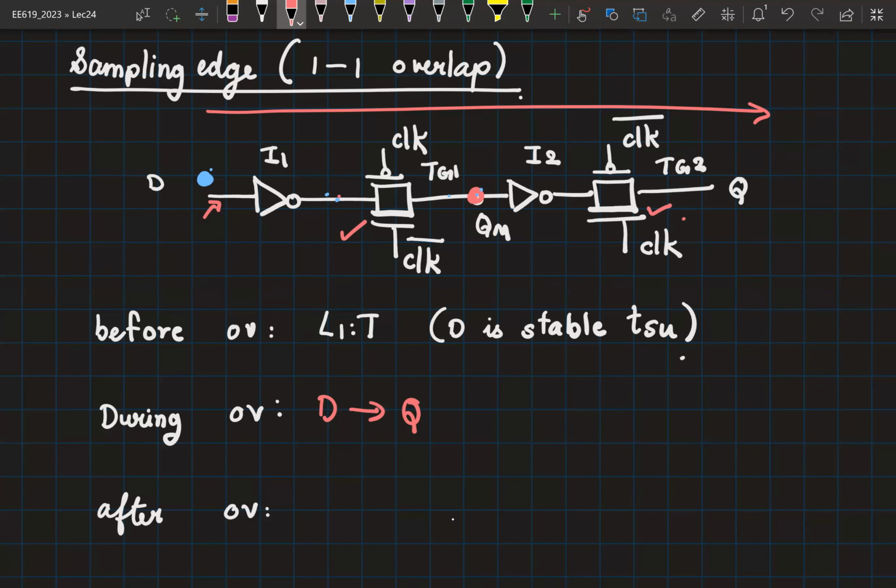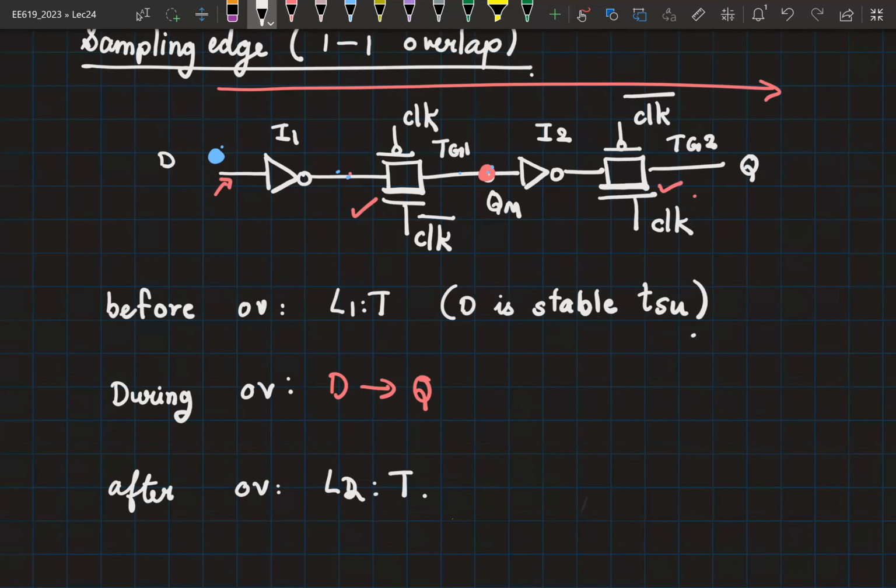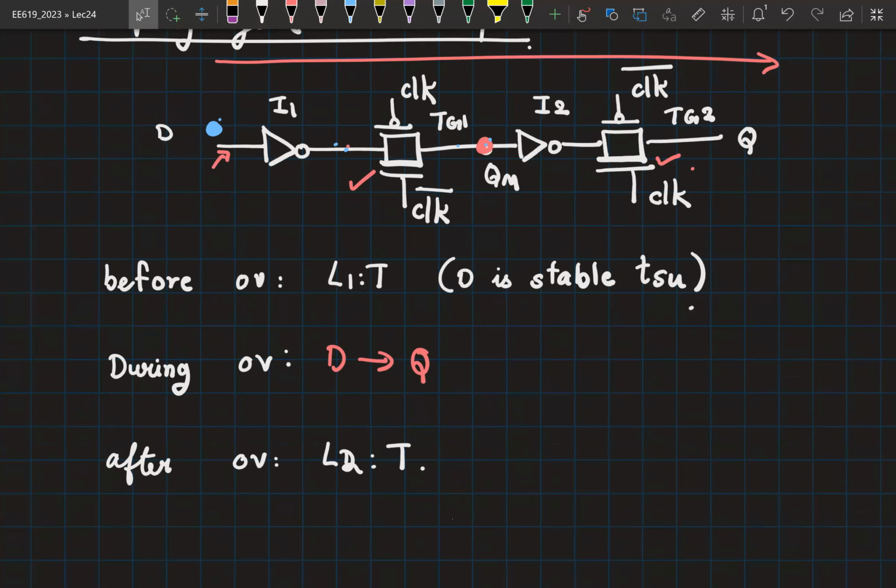And after the overlap, L1 is opaque and L2 is transparent, right? So now what should we do? This is actually a little bit tricky, right? Because this rising edge has to reset the output, that is a regular operation. So the overlap is happening after the rising edge. So let's say we capture the data correctly here. Any change happening in data after that should not matter. We don't want an unnecessary transition in the output during this overlap period.